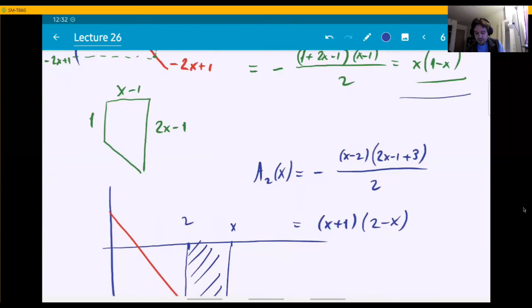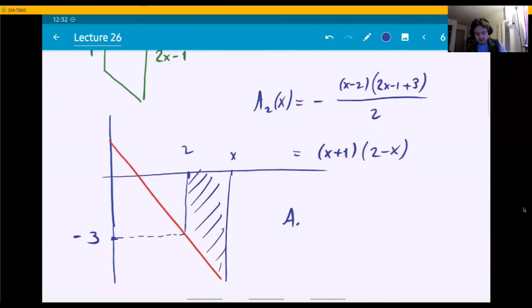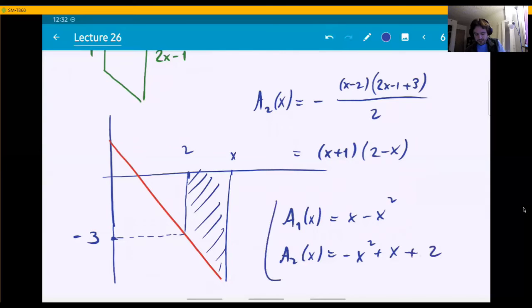So here was a1, it's just x minus x squared. And a2, we just found it right here. What does that become? Let's see, you have minus x squared. You have 2x minus x, so just plus x. And then you have 1 times 2, that's plus 2. Those are the answers to item A. We found the area functions.